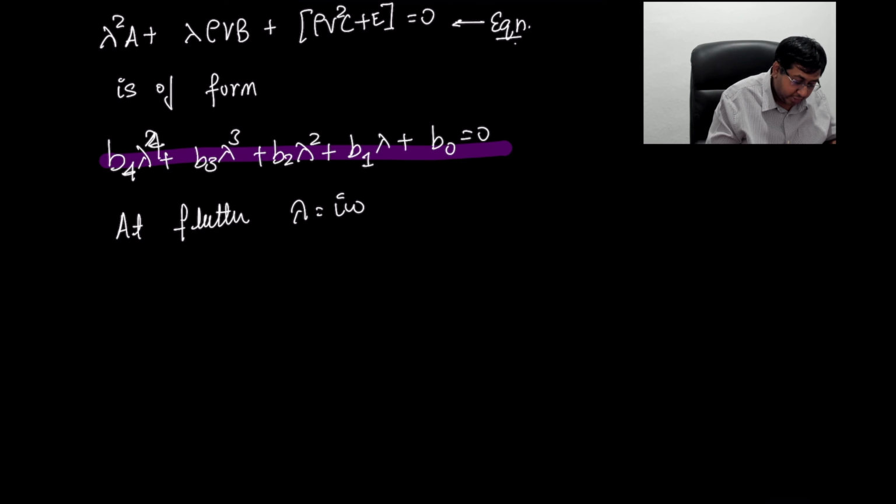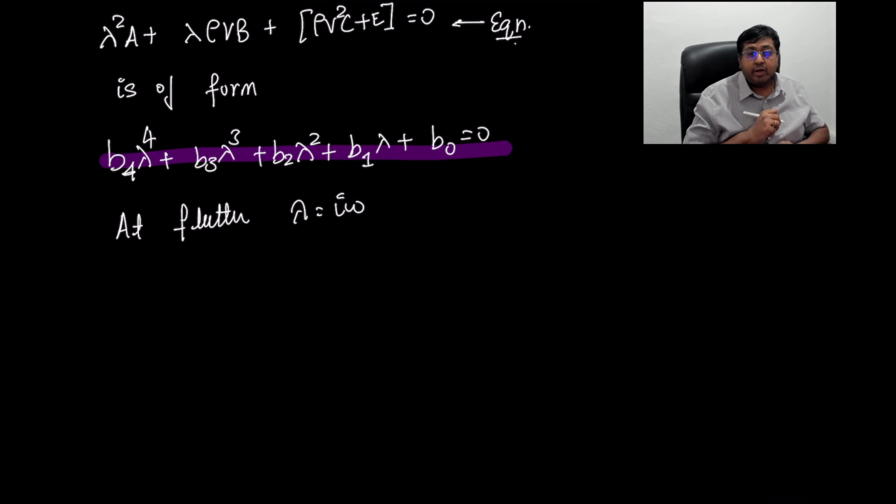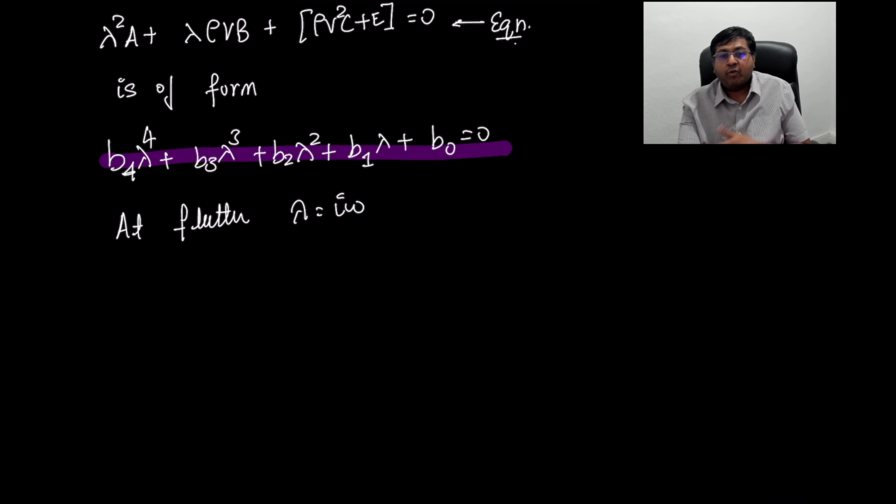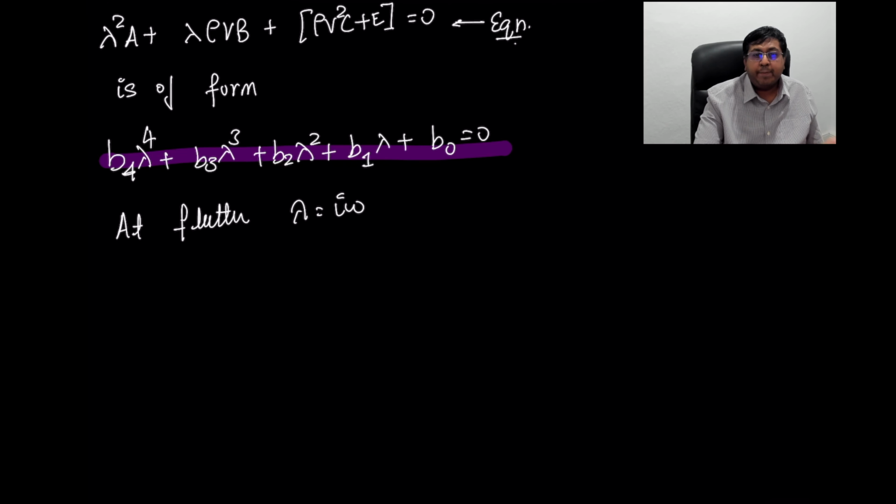So let me just rewrite this, lambda to the power of 4. From the above, we can see that lambda cube and lambda square terms are 0. But in general, this is the equation of this particular form. So b naught is not 0, b1 is non-zero, b2 and b3 are 0, but b4 is again non-zero.